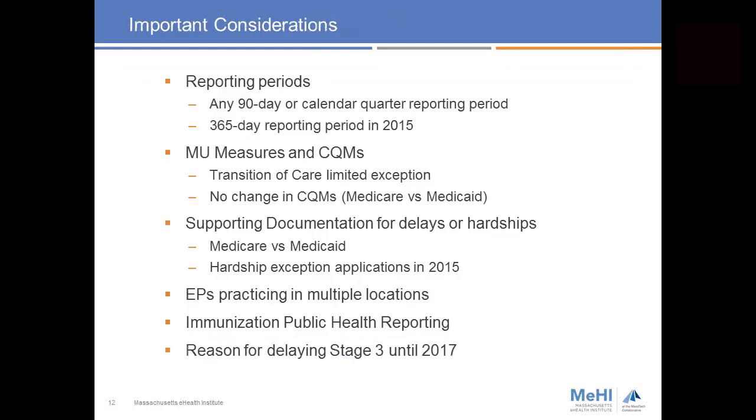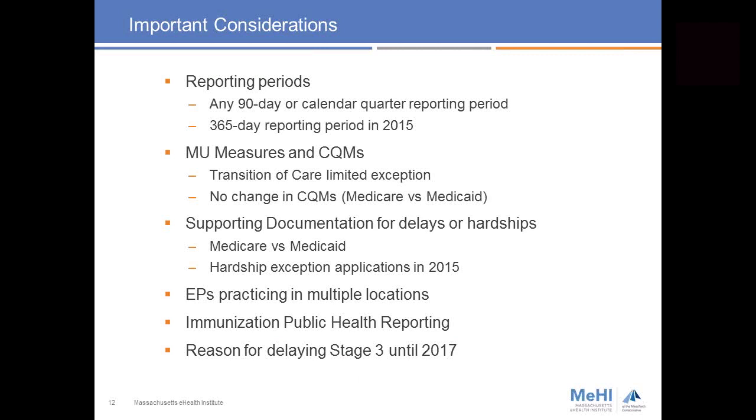Okay, here are some of the hot topics, I guess I would say, that are of particular interest in terms of reading through the final rule and understanding some of the implications. The reporting periods, CMS was pretty adamant about this. They said we have not tampered with the reporting periods. So basically, for all Medicaid eligible professionals, it's a 90-day reporting period, any continuous 90 days.